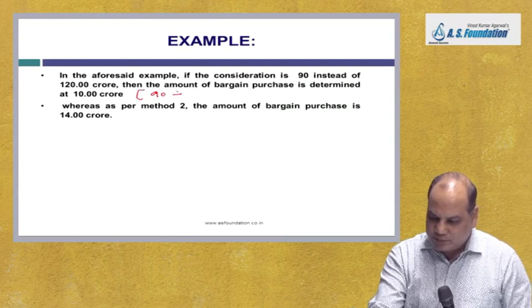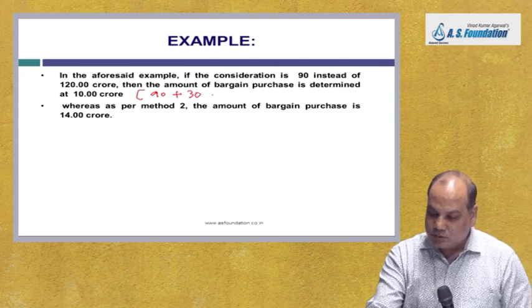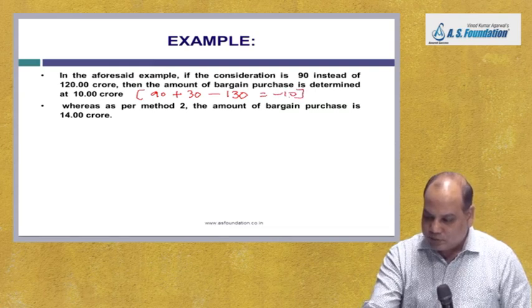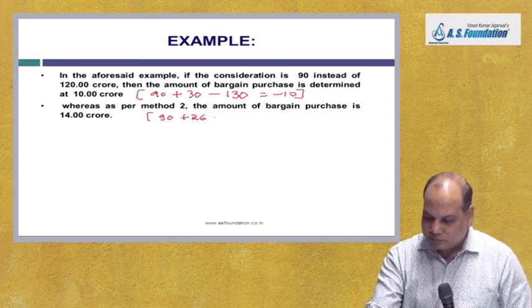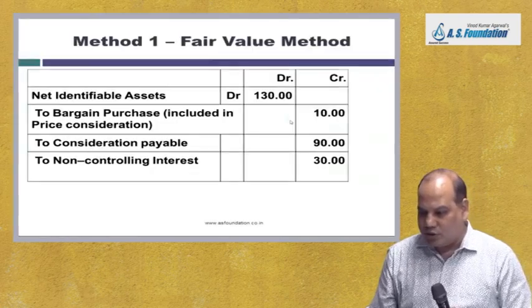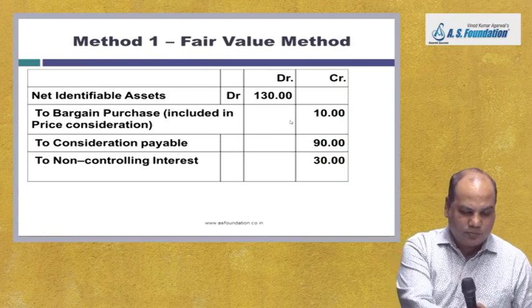Consideration paid 90 plus NCI 30, and net asset acquired 130. So minus 10, bargain purchase. Whereas as per method 2, 90 plus 26 minus 130. How much is this? 14.